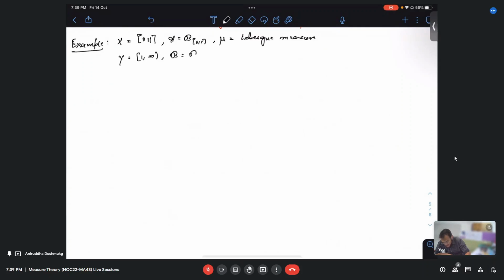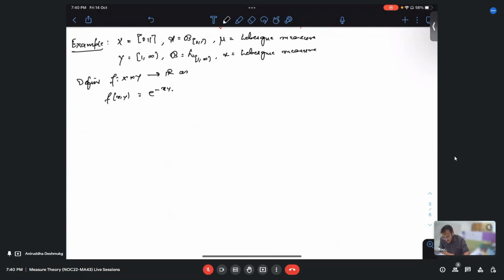The sigma algebra here is the Lebesgue sigma algebra of 1 to infinity, and the measure is Lebesgue measure. We'll see the sigma algebra won't matter. We could have considered the Borel sigma algebra as well, and still we would have got the same thing. And then let us define the function f from X cross Y to R as f of xy equal to e to the power minus xy minus 2 e to the power minus 2xy.